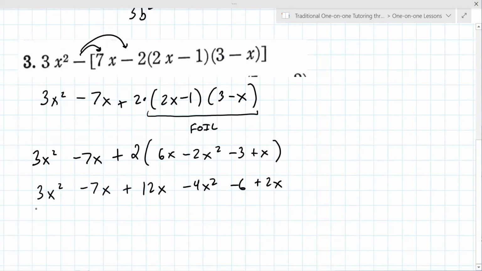So you got this 3x squared, that minus 4x squared. Combine those. So minus x squared, minus 7x, 12x and 2x is positive 7x, minus 6. And is that it? That's it.